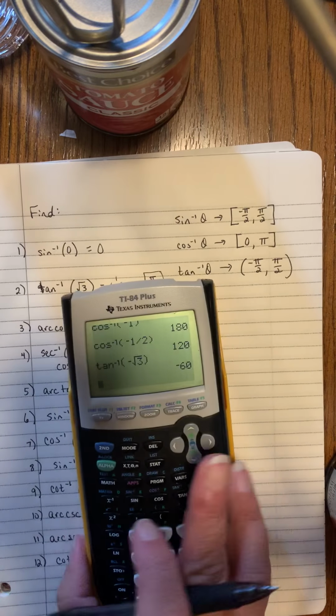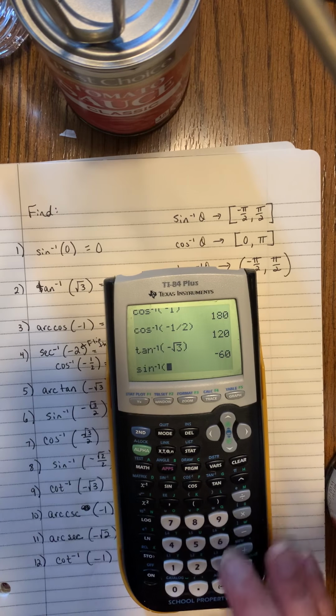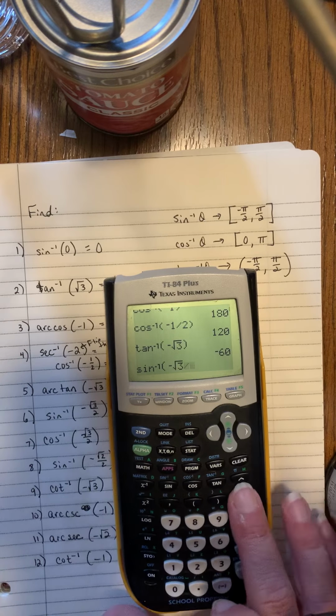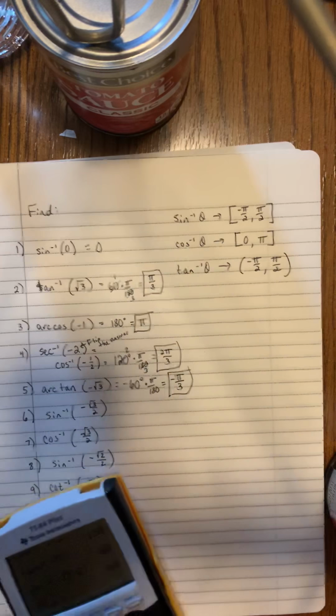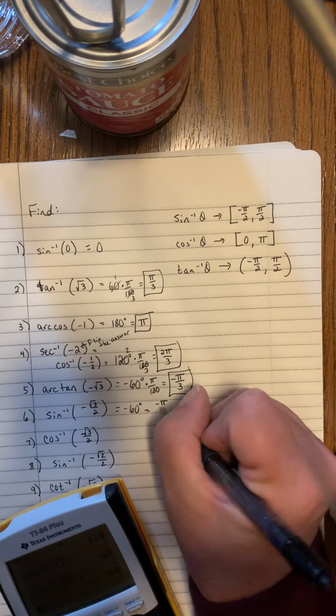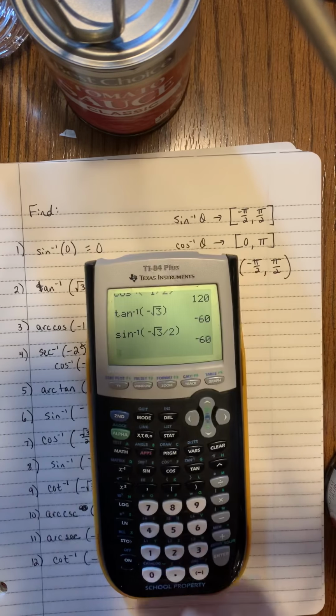All right, so for number 6, inverse sine negative square root of 3 divided by 2 is -60, which we already know from the one above is negative pi over 3 in radians. So here we go.